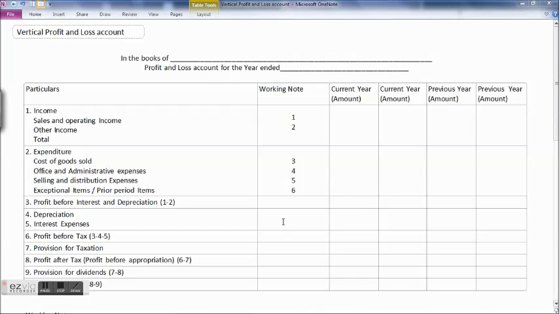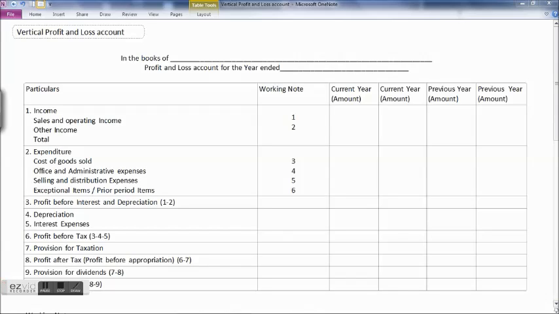Once you deduct all this expenditure, you will get profit before interest and depreciation. Then you reduce depreciation and interest expense, so you have profit before tax. Then provision for taxation for current year is reduced, so that you have profit after tax but before appropriation. Appropriation means distribution of profit. Then you deduct provision for dividends, and then you have profit after tax and appropriation.